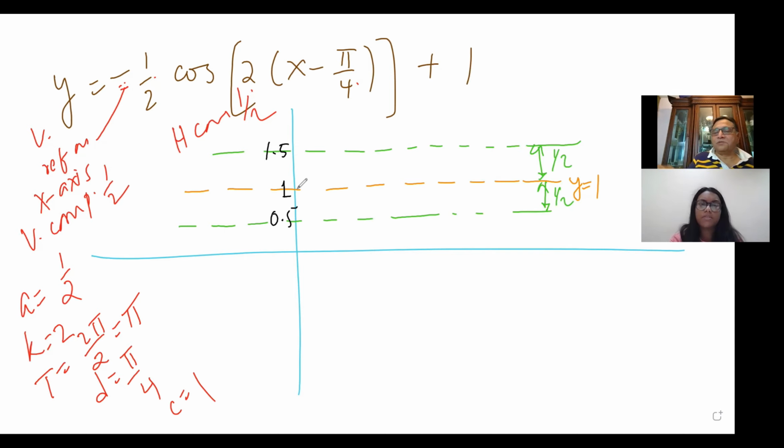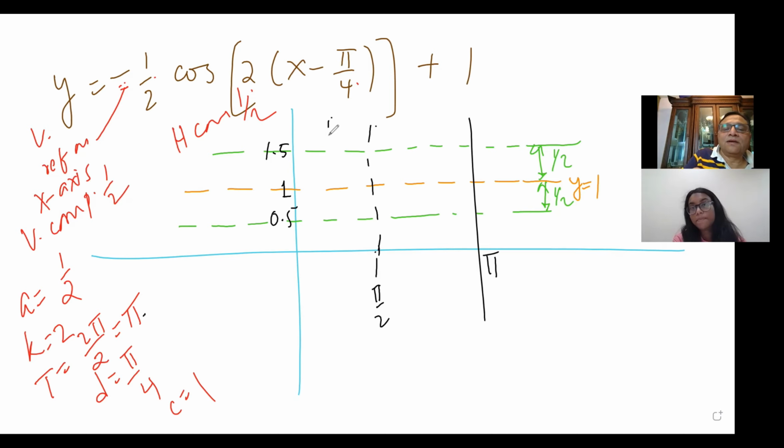What is my time period? Pi, correct? So I'm saying that is my one wave whose time period is pi. I'm going to divide this into 4 equal parts. Do you see that? So pi by 4, pi by 2. So we count like this: 1 pi by 4, 2 pi by 4, 3 pi by 4.